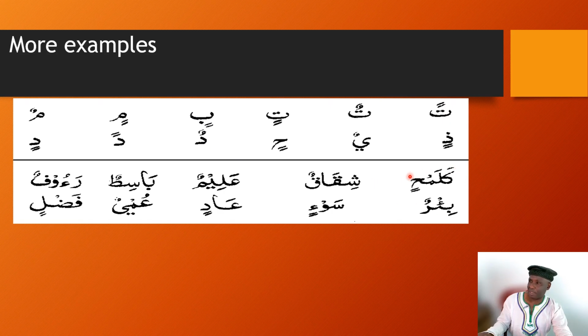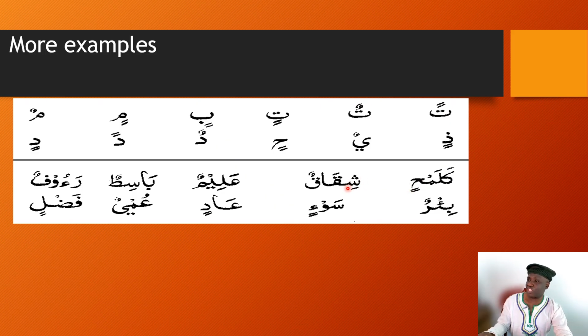Now here is a combination of some letters for us to see how these appear in words. You've got kaf fatha, lam fatha, kal, and mim jazm, kalam, and ha with kasratain, kalamin.